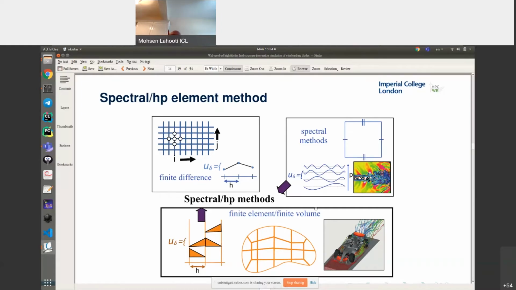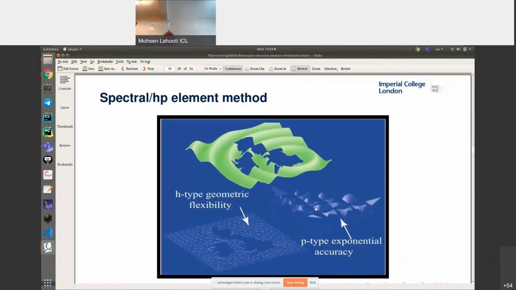Putting them together, we end up with the spectral/hp element method. This is, for example, a tessellation of the British Isles, where we can enjoy the h-type geometric flexibility of the classical finite volume and finite element method, and the p-type exponential accuracy of the spectral approach.